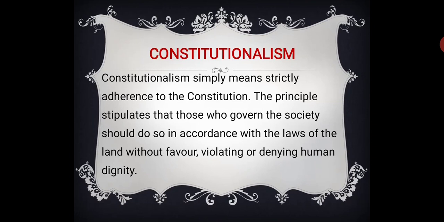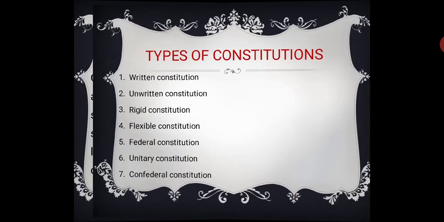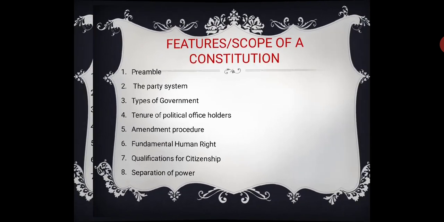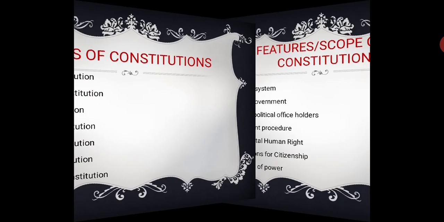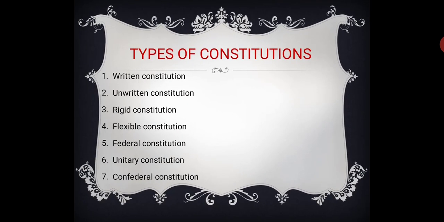Remember I said earlier, the sources of a constitution are the ways a constitution is being formed. You have also come to understand the features and scope of a constitution, and I also listed the types of constitution, and we have discussed 2 among the 7 listed, written and unwritten.